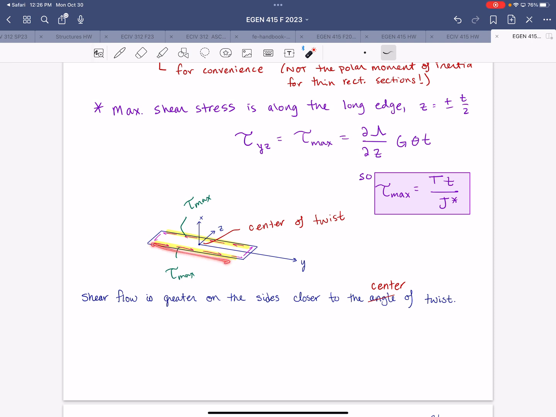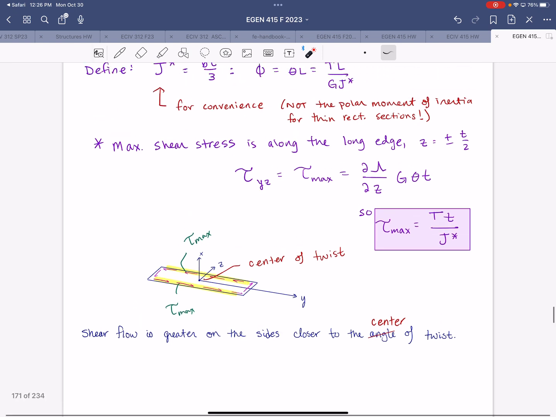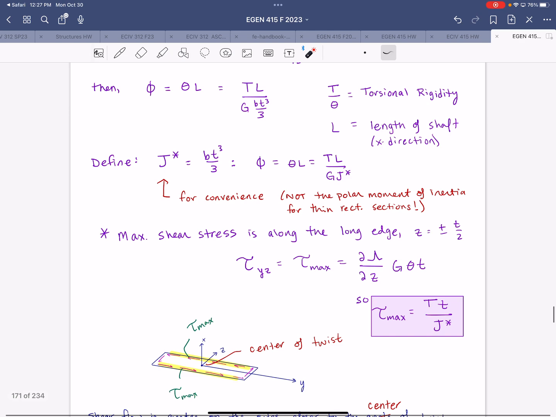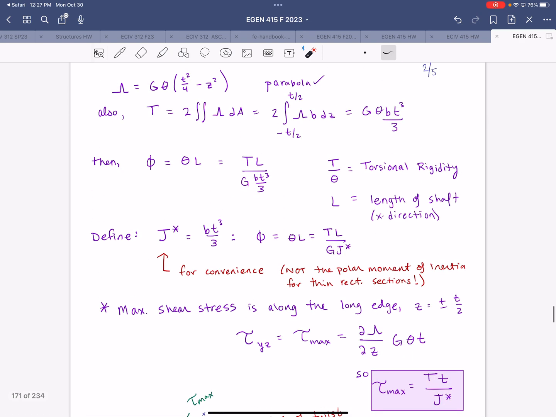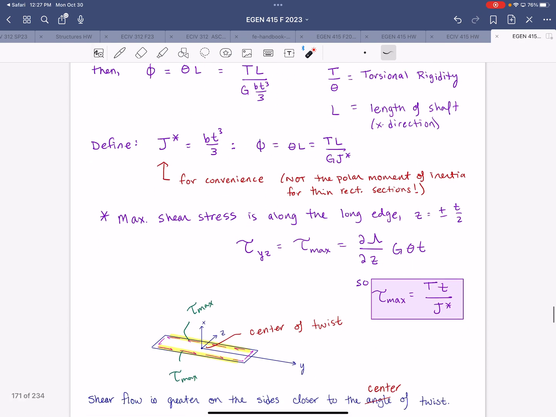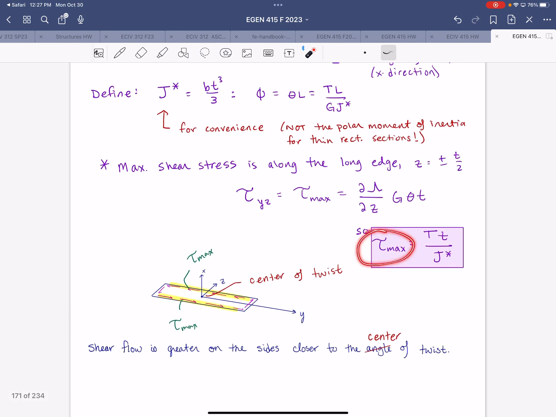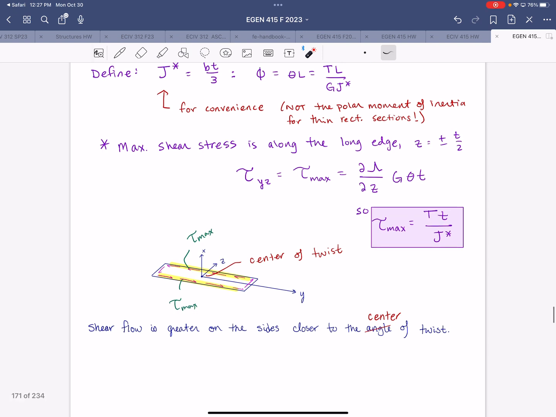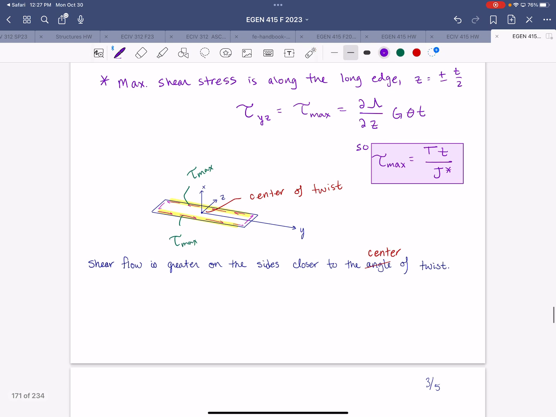For a ratio b over t of about 10, the twist rate theta and the maximum shear stress would calculate out to be roughly 6.5% lower than the exact values. So just to give you a point of reference of how much accuracy you have for different b over t values, I'll note that here.